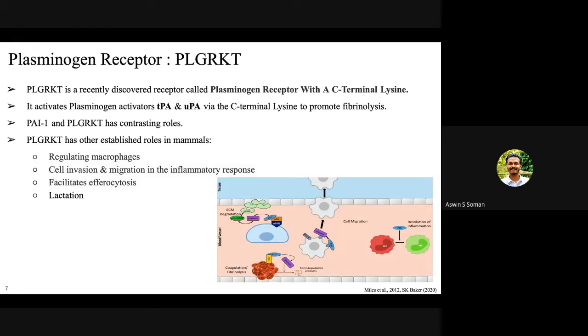PLGRKT regulates the composition of extracellular matrix in lactation and forming the ducts in the glands.